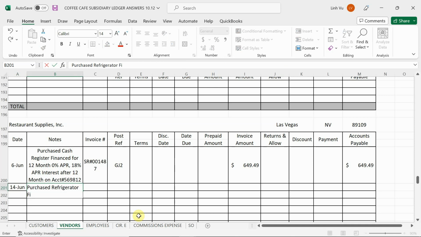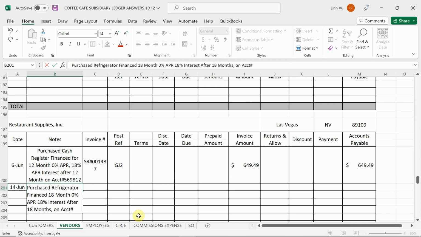And we financed it. Financed 18 months, 0% APR. Okay, and then 18% interest after 18 months. We have it in an account, right?